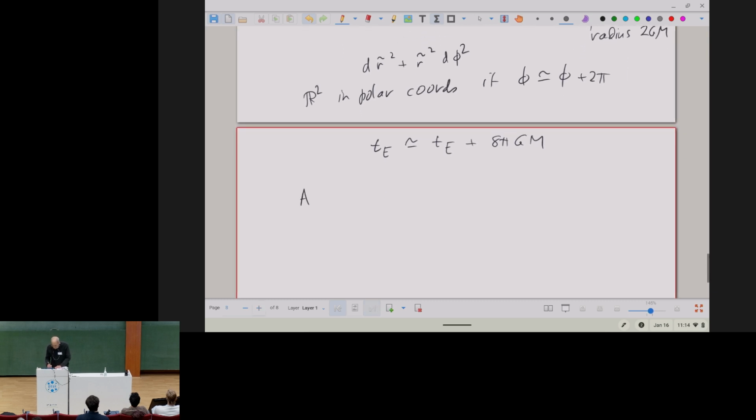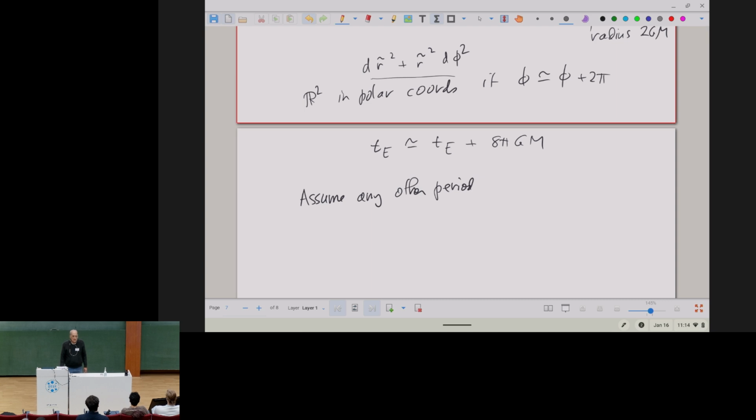If we assume any other period, then we get a metric. You see, this metric is flat regardless of the assumed period of phi.